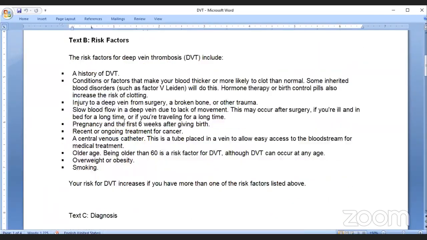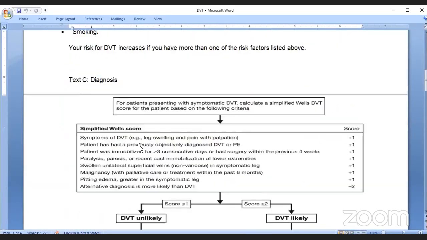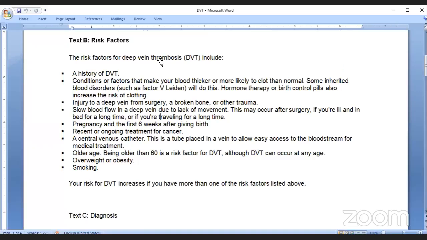Then we have risk factors. Text B is about risk factors. If you want to go quickly through risk factors, can anybody tell me how you can go quickly through them? No? Okay, let us see.